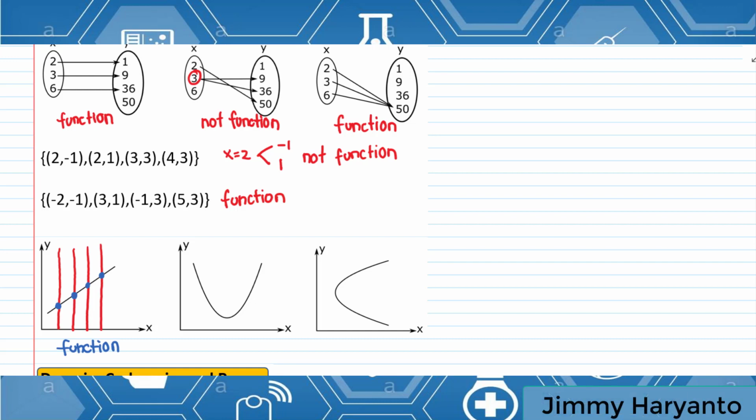And the second one, vertical line test. For each vertical line, it only intersect the curve once, so we can say this one also a function. And for the last one, vertical line test.